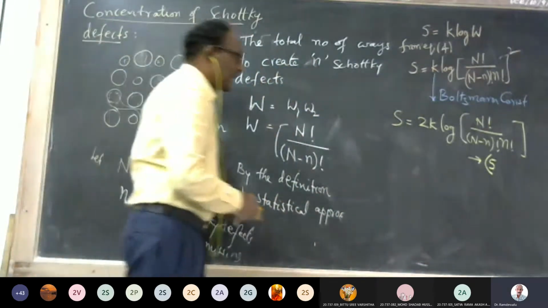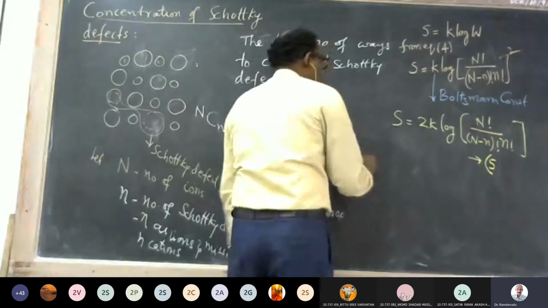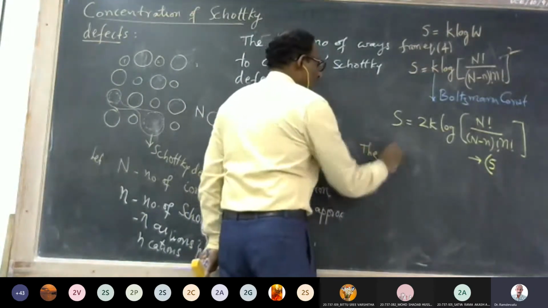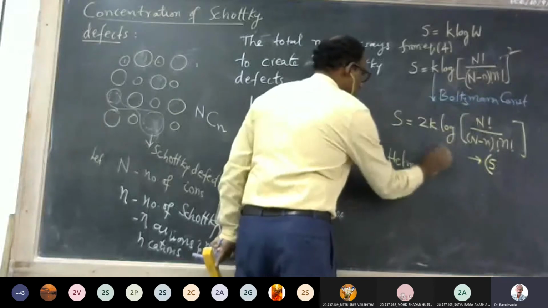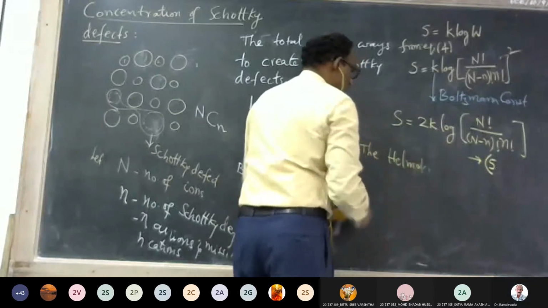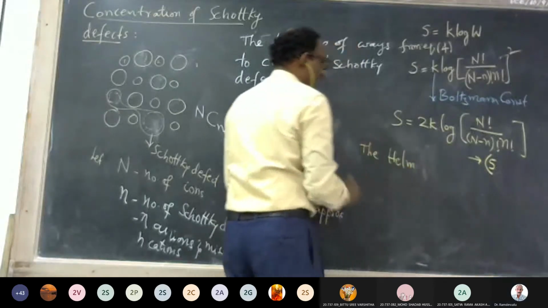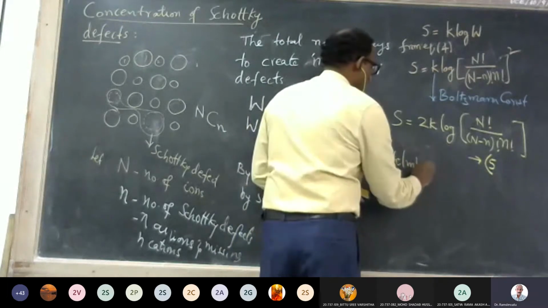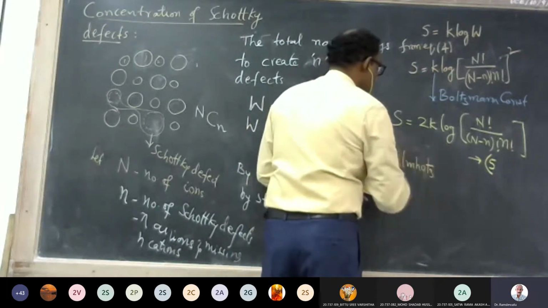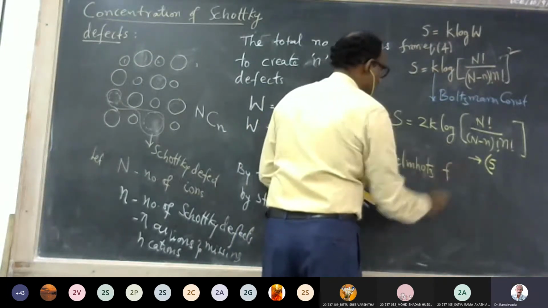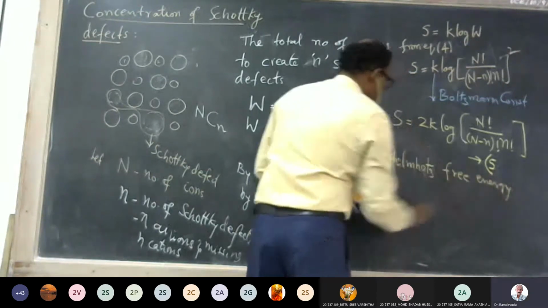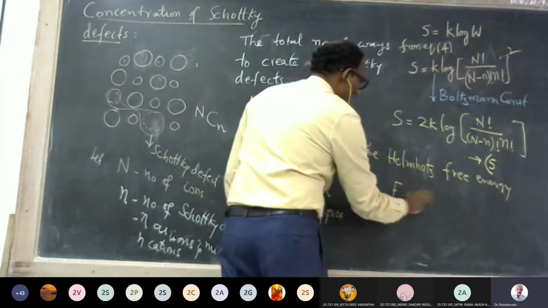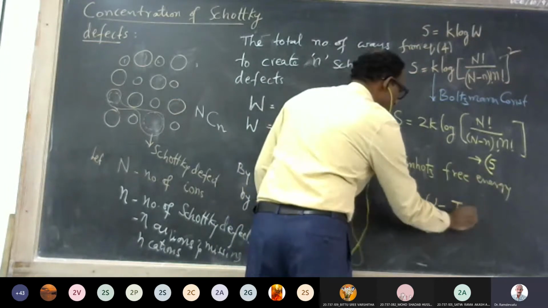And I will write this for the case of the Helmholtz free energy, F is equal to U minus TS.